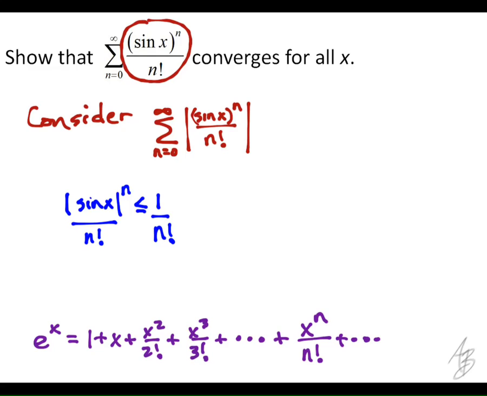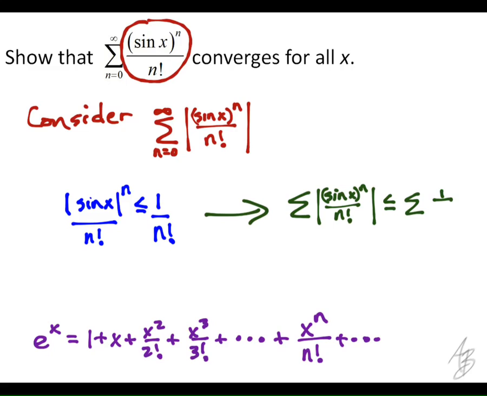So if I need to rewrite this a little bit to be correct, this means that the sum of the absolute series sine of x to the n over n factorial is going to be less than or equal to the sum of 1 over n factorial, going from 0 to infinity on both of them. And I know that this series right here converges to e to the first power. I know it converges to e.